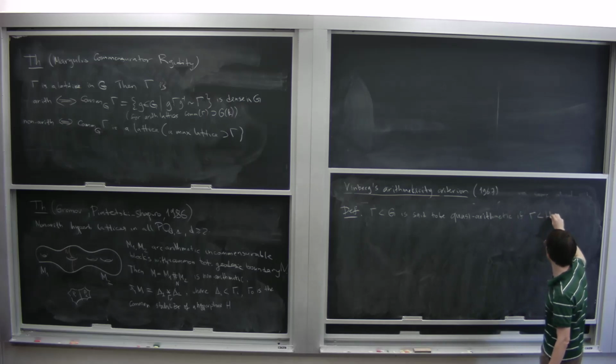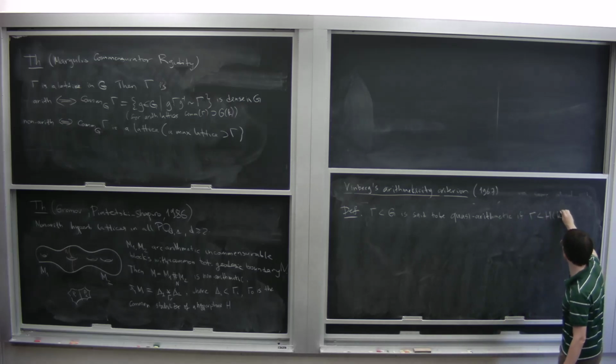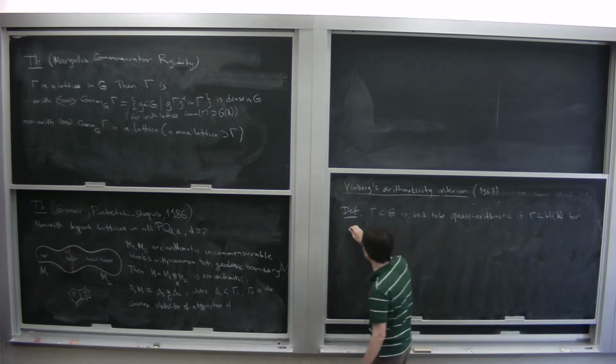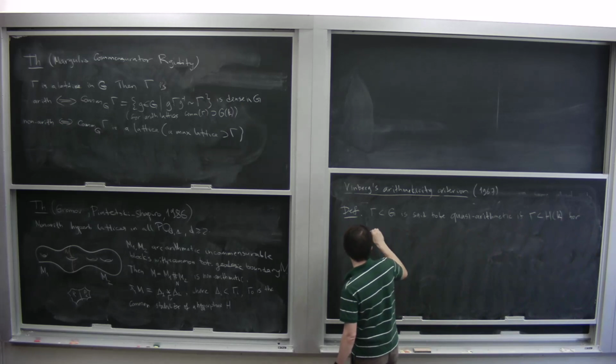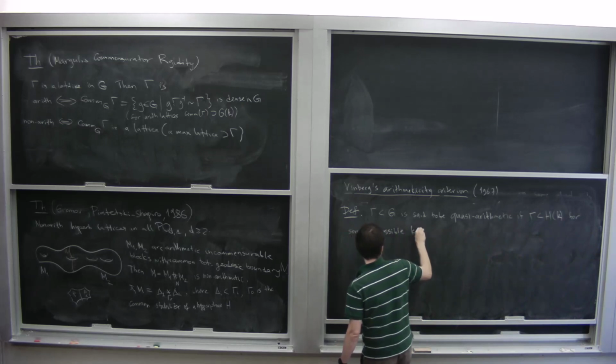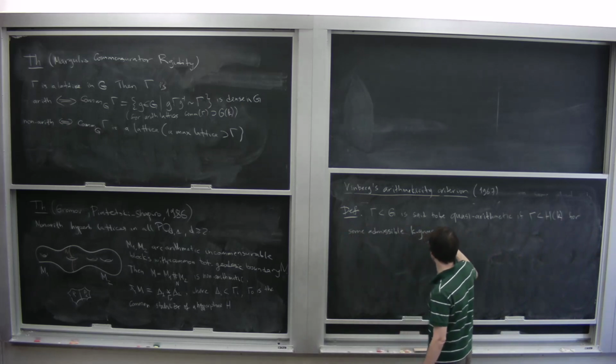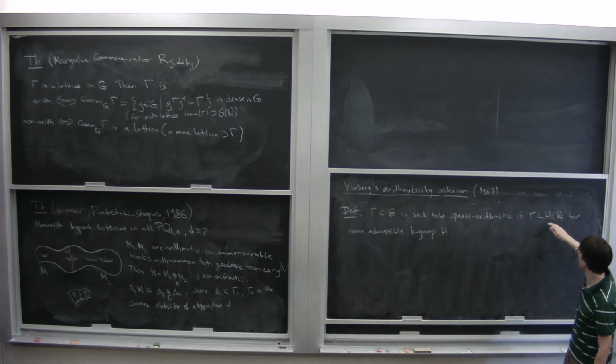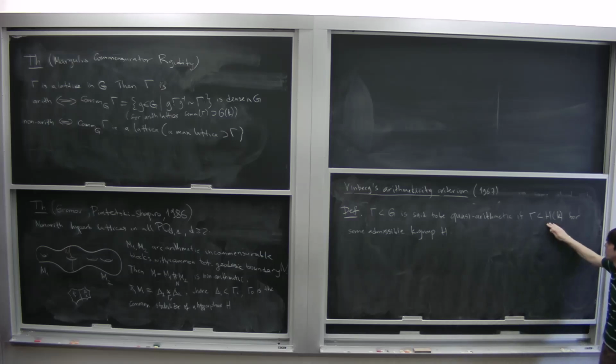if gamma sits in H(k) for some admissible k-group H. So this means that I should have an arithmetic lattice associated with this k and H, right?